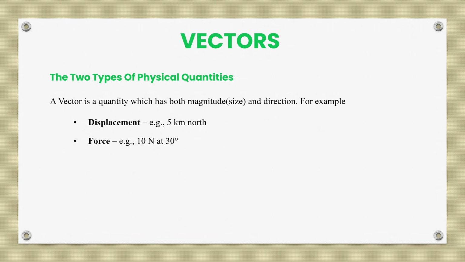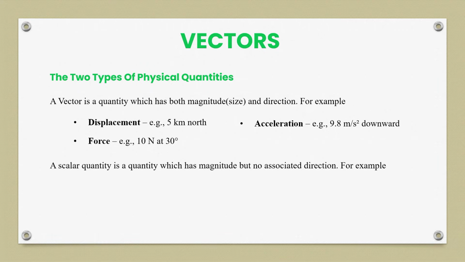Then we also have another example of a vector quantity, force. So we can say a force of 10 newtons at 30 degrees angle. Then we can have another example of an acceleration of 9.8 meters per second squared downward. So you can see all these have both size or magnitude and direction.